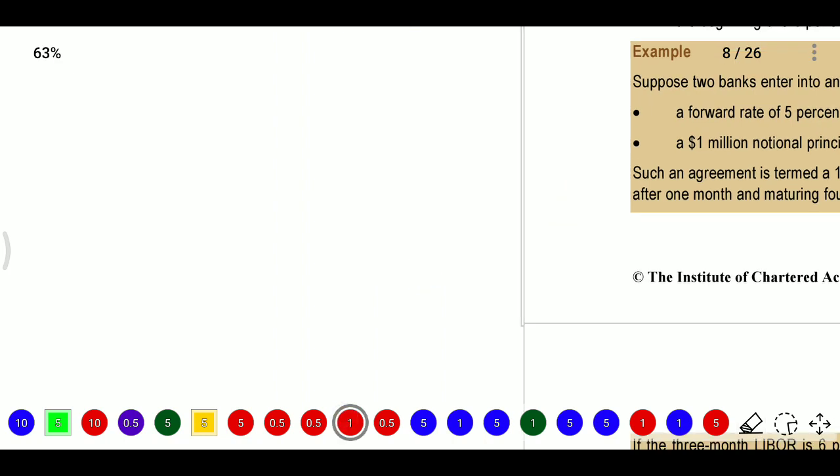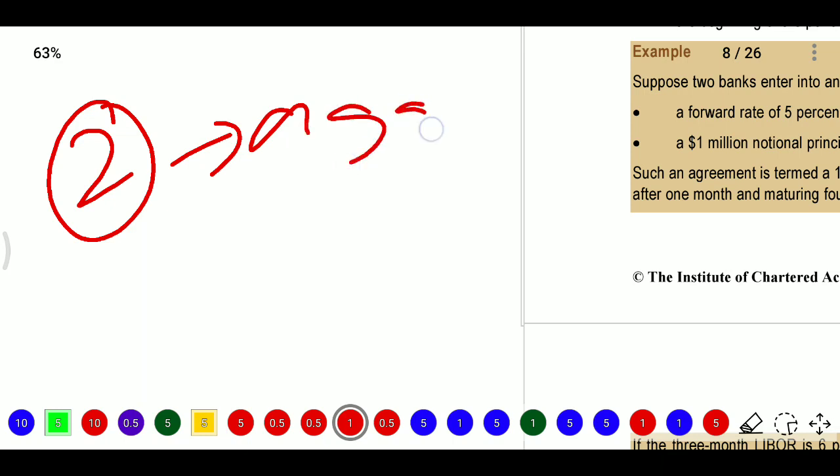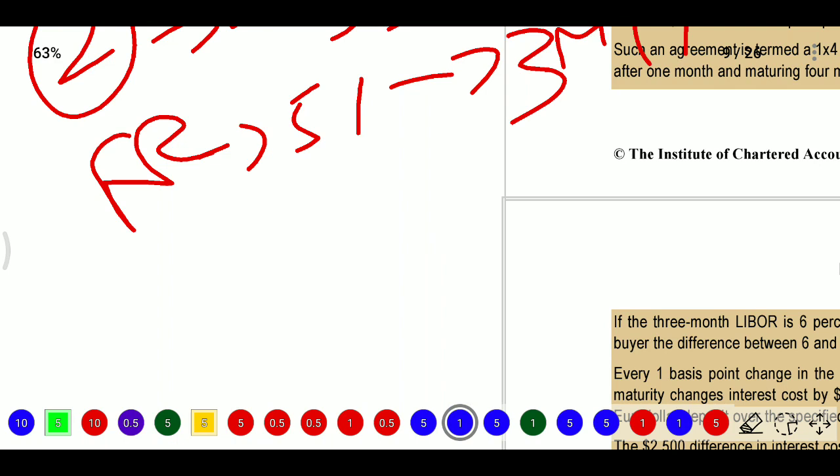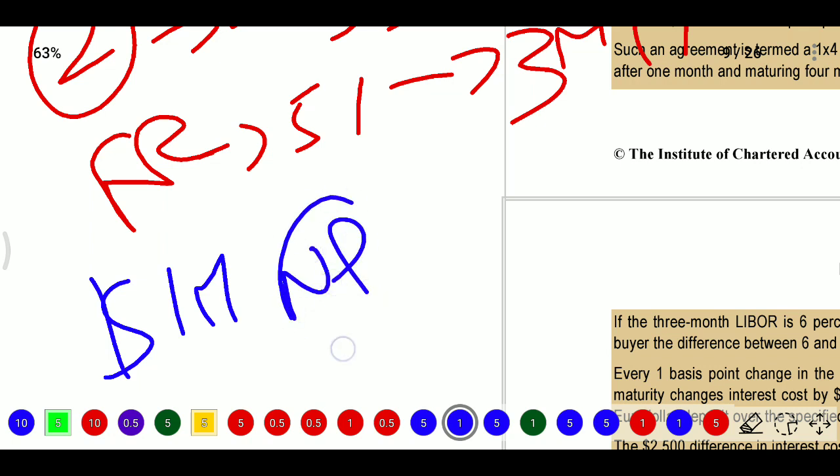So what is here? There are two banks, and they have an agreement. The agreement says the forward rate is 5% on a euro dollar deposit with a 3 months maturity, and the notional principal amount is $1 million, with settlement in 1 month.